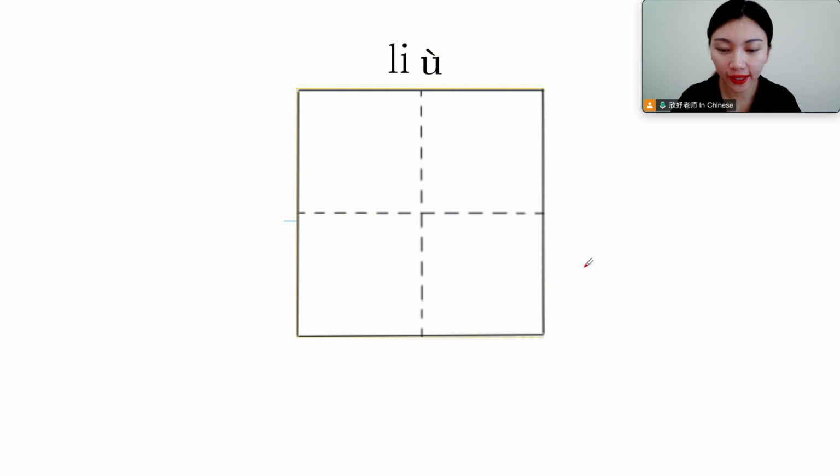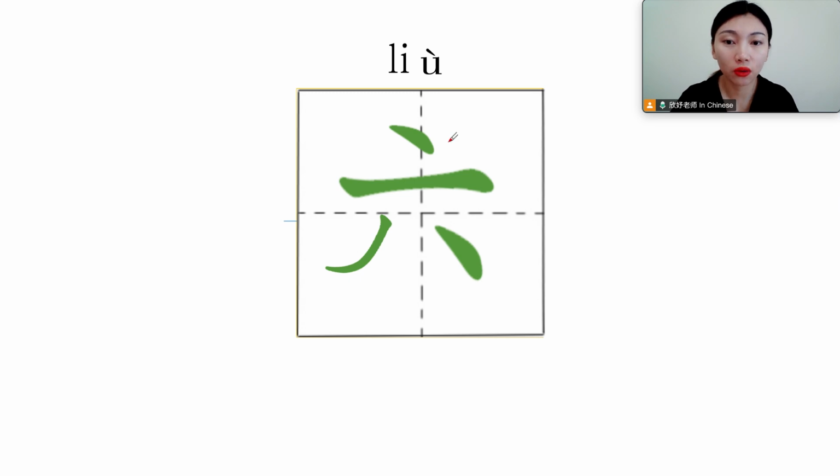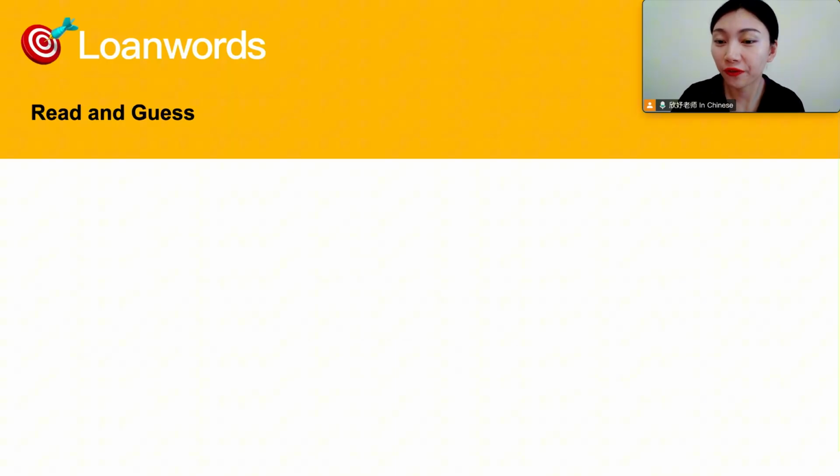Now, the last one is 六. So first, you need to write the dot and the horizontal line, then the left falling stroke and the dot. Very good. And finally, we finished the whole lesson. Now let's have some fun with a little exercise.